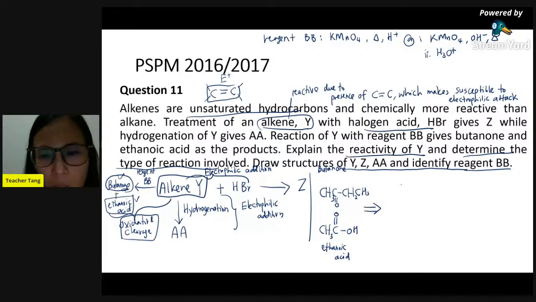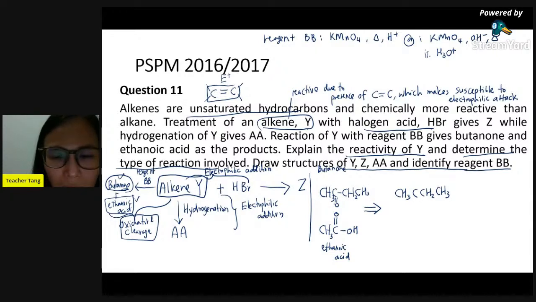So shall we do that? So rangka carbon ni masih sama. So kita saling je. Okay, so now kita buang the oxygen and also sambung balik the carbon-carbon double bond untuk dapatkan the alkene. So this is the CH3.